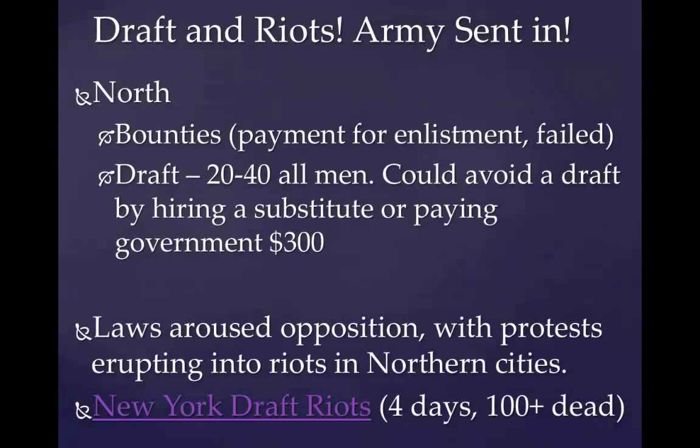The North also would have a draft. Initially those bounties you saw on that propaganda poster, those payments for enlistment, are going to drop off too, and their draft, ages 20 to 40, all men, you could avoid by also hiring a substitute, or even just straight up paying the government $300.